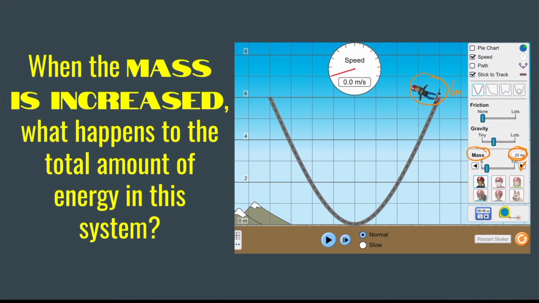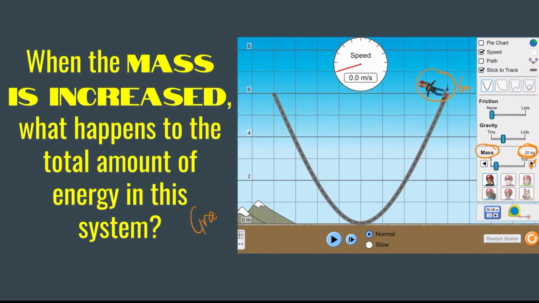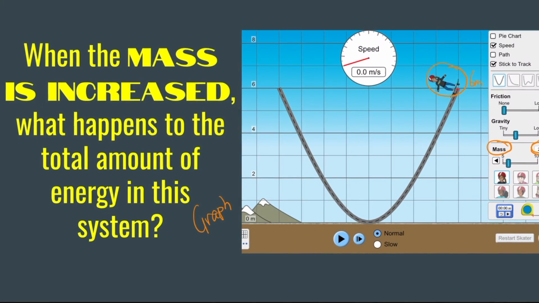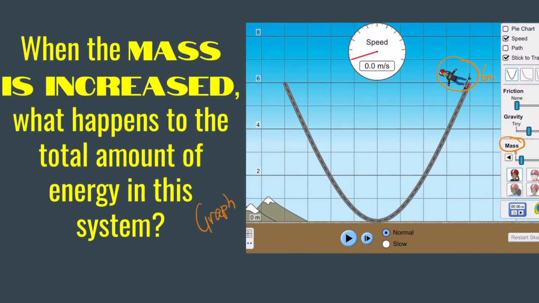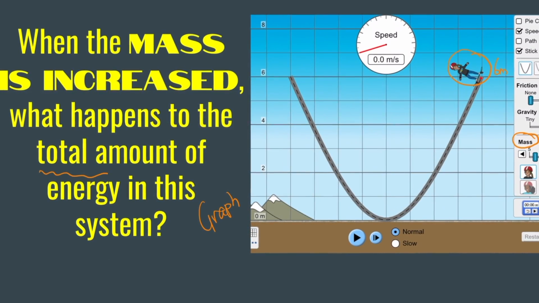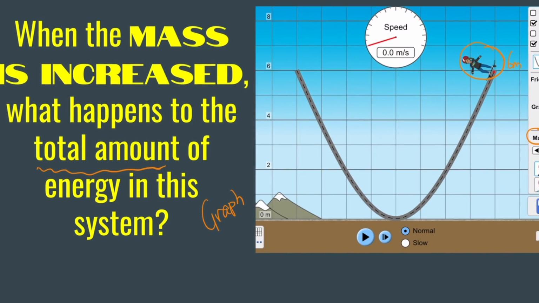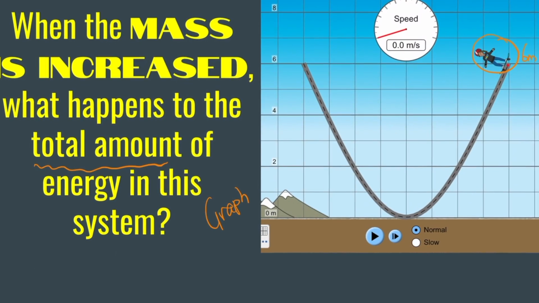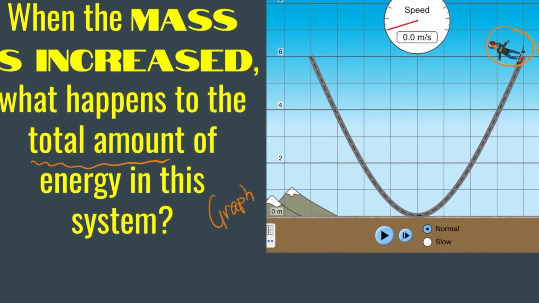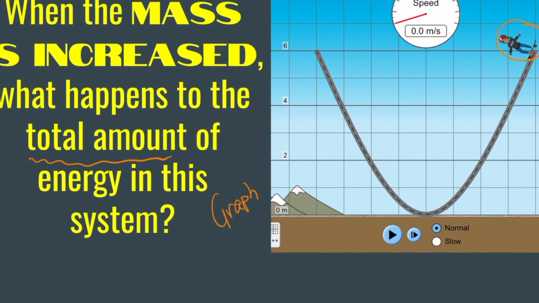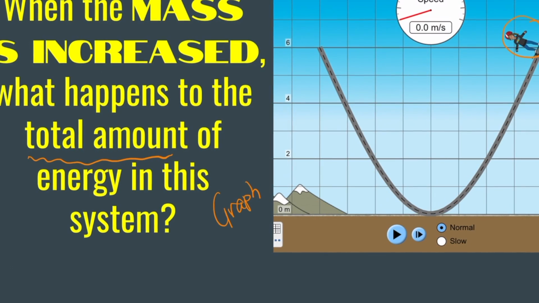You're going to, again, look at your graph and measure or look at the kinetic energy, the total amount of energy. If you really want to check it out carefully, I haven't tried this yet, you may be able to use your measuring tape even there to measure the height of that energy on that graph.